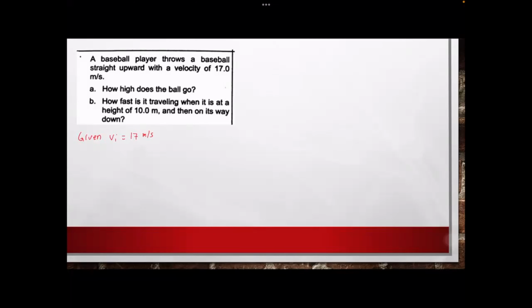Now, what do you think is the vf of this given? If the initial is 17, upward siya, then what is the vf? Kung hinagis siya pataas. Nalimutan na sa initial and final velocity, ang projectile motion. Kapag ang projectile motion ay nakarating sa taas, ano nangyayari sa kanyang velocity?